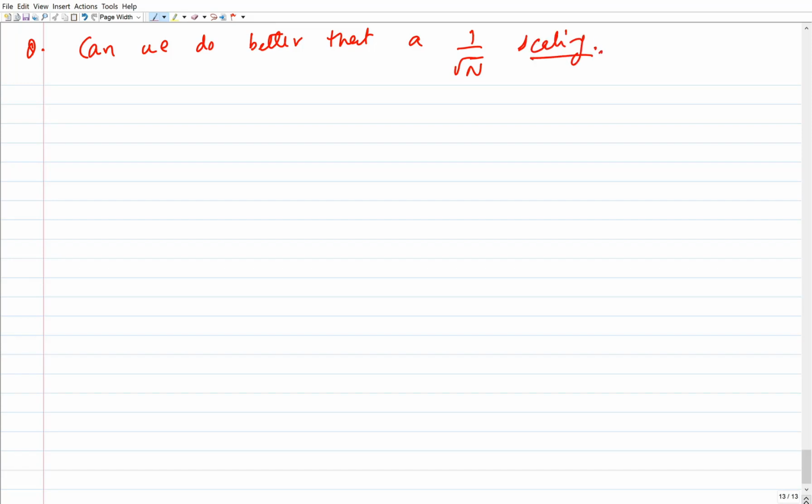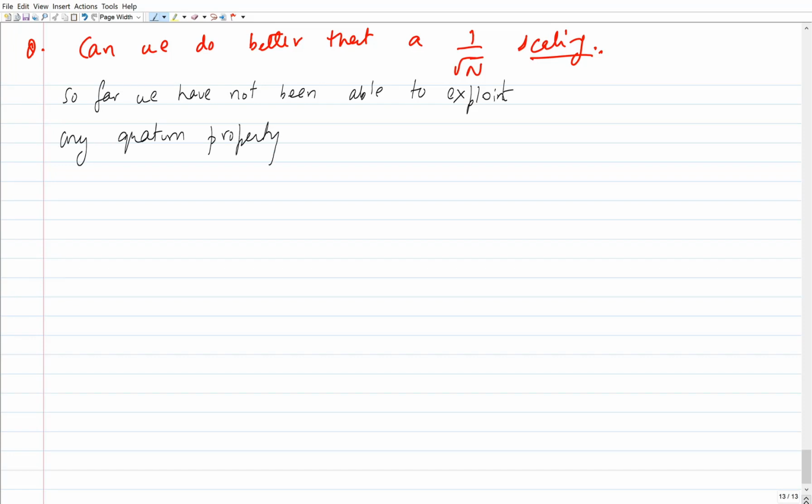If you notice, so far we have not been able to exploit any quantum property. Really, this 1 over square root of n scaling occurs for classical processes also. This is just the central limit theorem kind of argument, that the variance of a random variable scales as 1 over square root of n if I repeat this experiment n times.